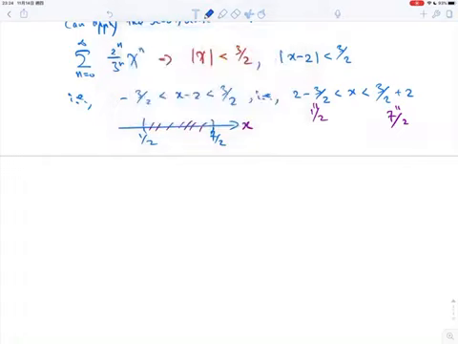of radius of convergence. Well, actually, I should say interval and also radius of convergence.